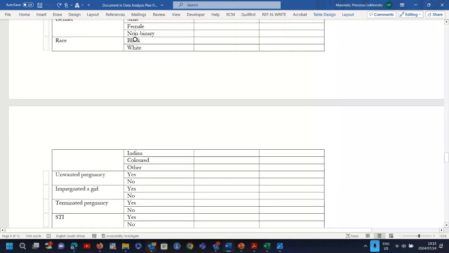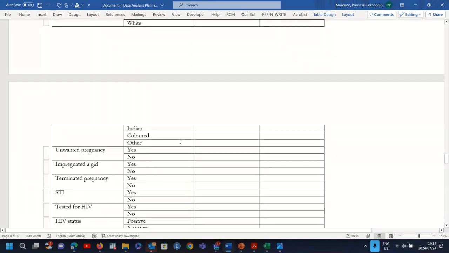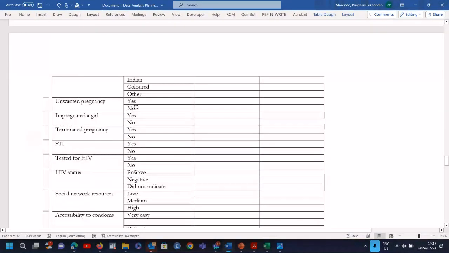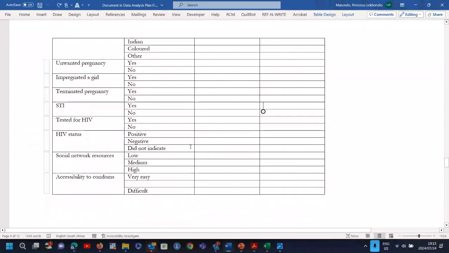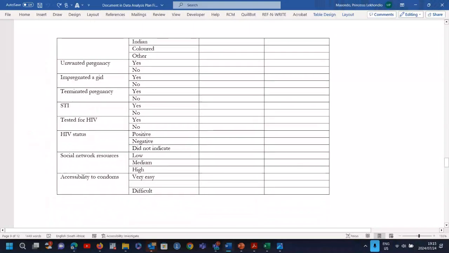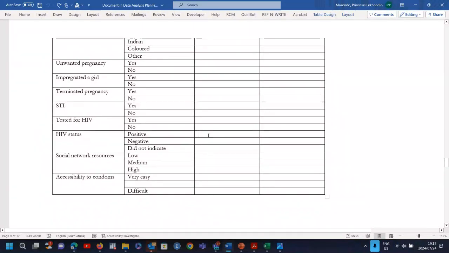So all those variables that are qualitative, all our yes or no, unwanted pregnancy, if they've tested positive for an STI, you count those who said yes, those who said no, you get a percentage, right? Those who have reported their HIV, those who said they are HIV positive, those who said they are negative, those who didn't indicate, you count.